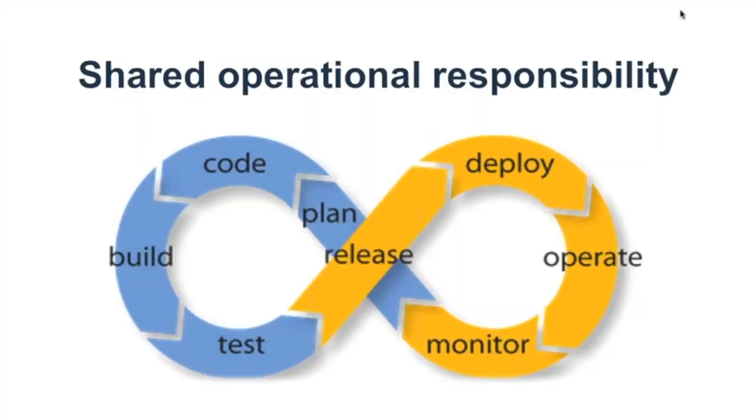But I think sharing operational responsibility is really putting the people on the line, being the people who are actually responsible for building the product, right? So making developers responsible for code in production, and ultimately it improves quality. And I think that's the key, that you tighten that feedback loop, and you're going to get better quality as a result of being able to be more agile in your response.